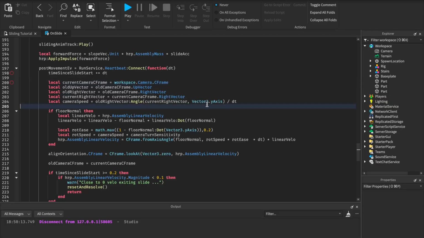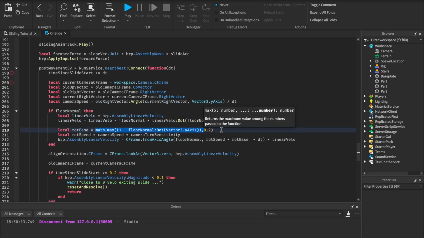So then we divide by delta time here because that's how much time has passed from one frame to the next. This is the same as before. And here I define this rot ease variable, and recall I want to make it so that if you are trying to rotate on a steeper slope, it would be easier for you to do so.